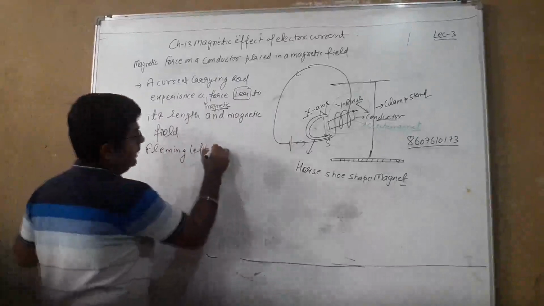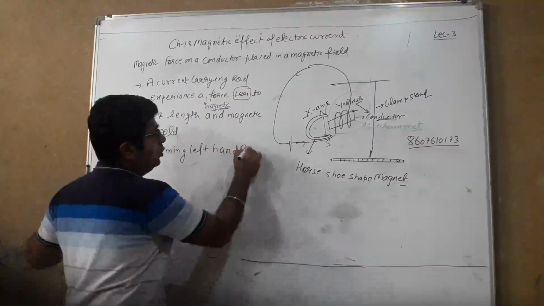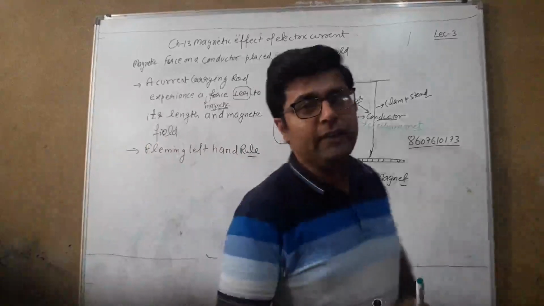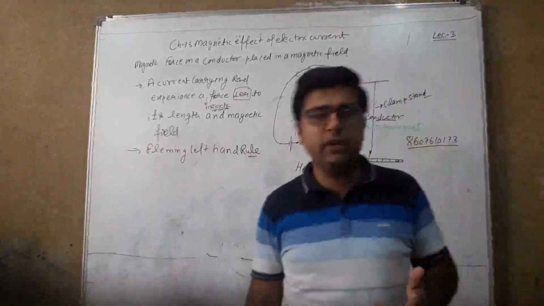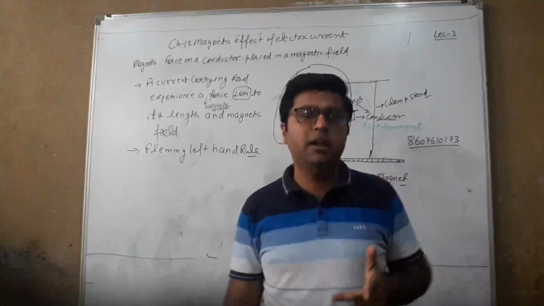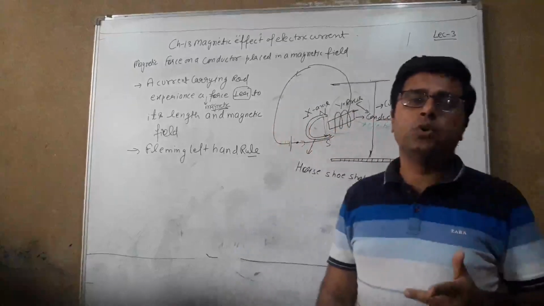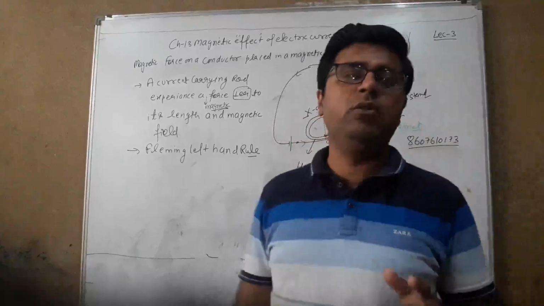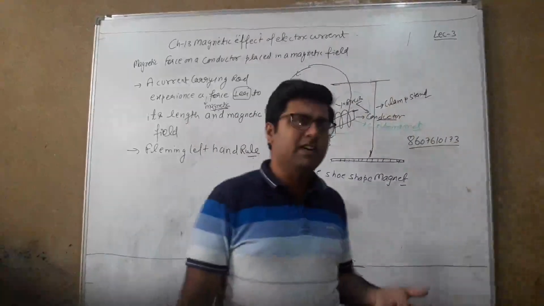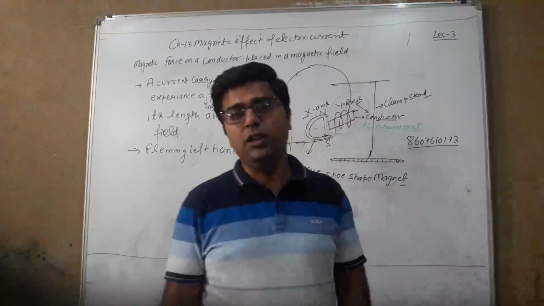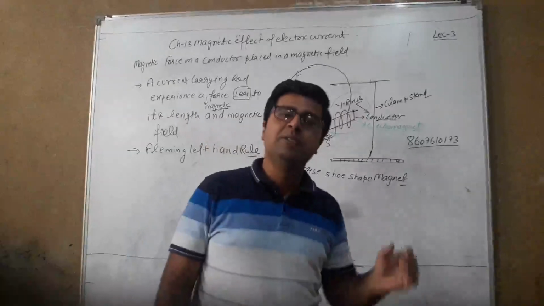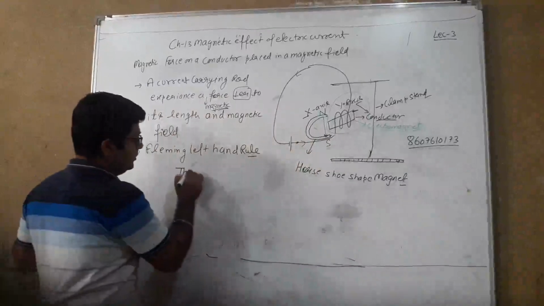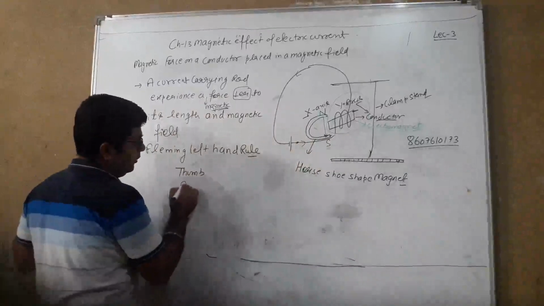left hand rule. So you just write it. In this rule, we have to stretch our first finger, middle finger and thumb in such a way that they are mutually perpendicular to each other. Now you have to remember a hint, a clue, or a simple logic to learn this: father, mother, child.